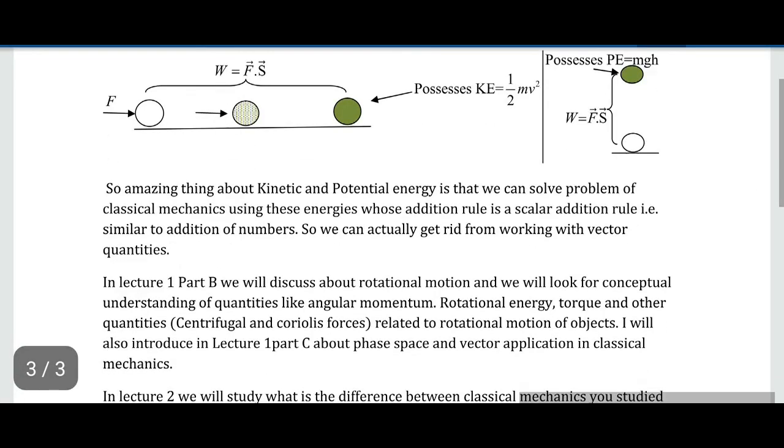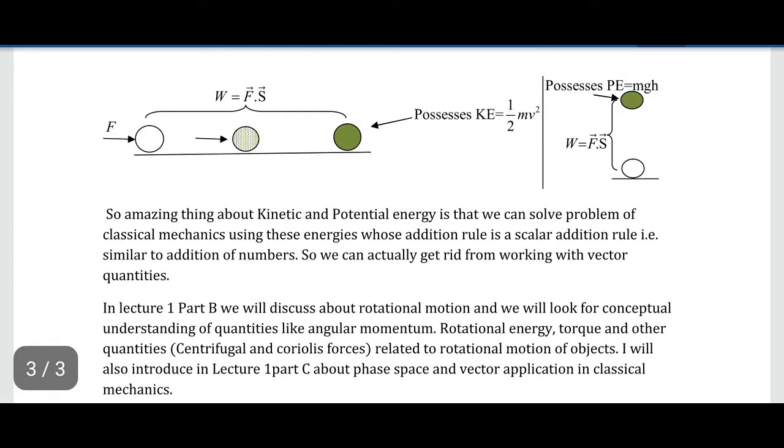Look at this example. There is a ball, here I have drawn a ball. There is a ball of mass m, and there is a force acting on the ball, and the distance till which the force acted is s. So what is the work done? Work done is fs. Now there is a very interesting thing.